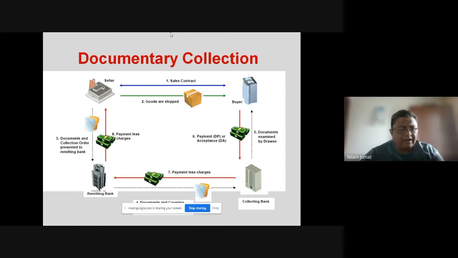So I told you we'll take three documents, right? For example, the commercial invoice, the bill of lading, and the certificate of origin. Now, in open account, the exporter ships the goods and sends the BL, invoice, and the certificate of origin direct to the importer, right? In open account method of payment.